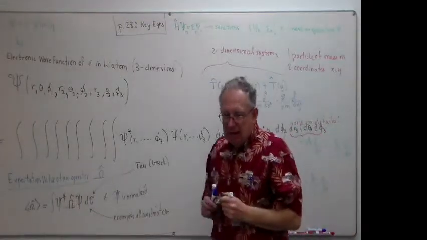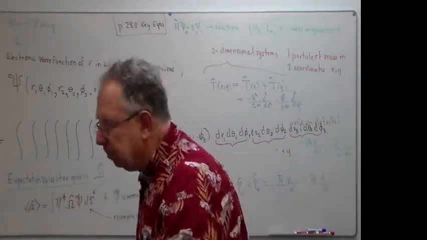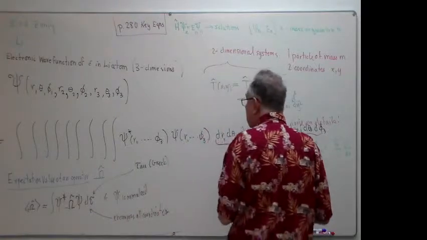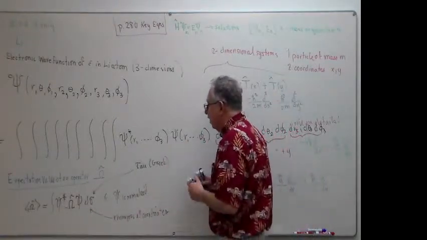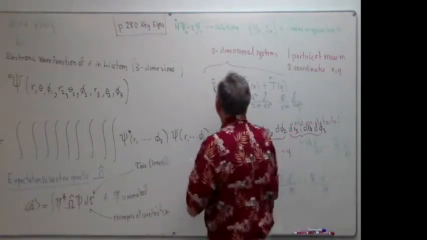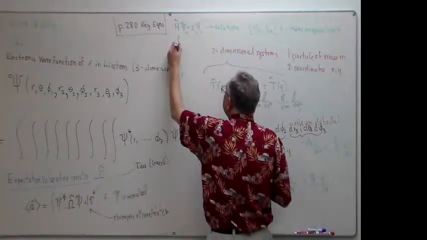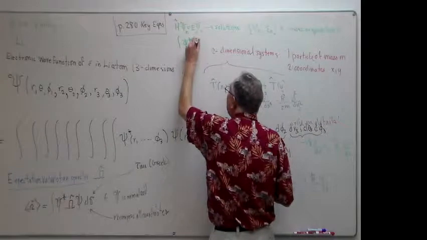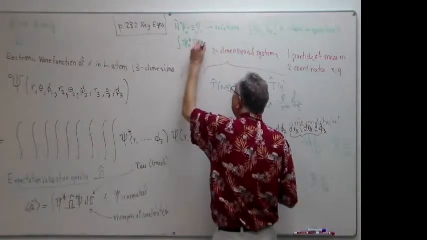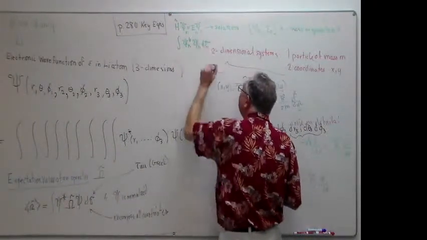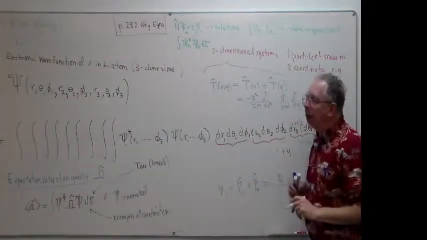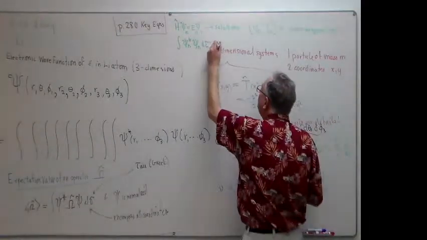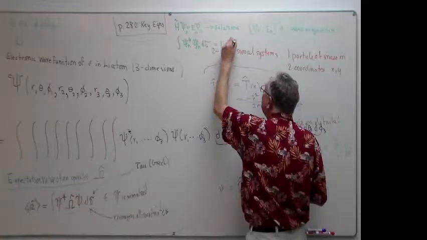Now, in everything I've talked about today, when I do psi star psi, it's the same n. So, for example, with normalization, it's psi n star psi n d tau. The n is the same on both of these for normalization.